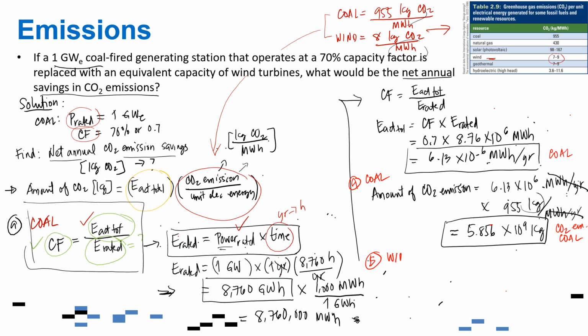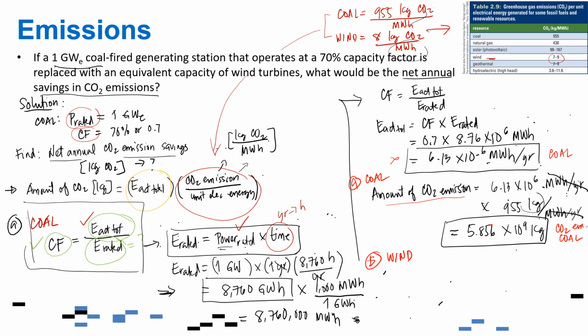B is for wind. So the same way we can now calculate the amount of CO2 emission for wind, because the problem says it has to be the same power or energy generation.